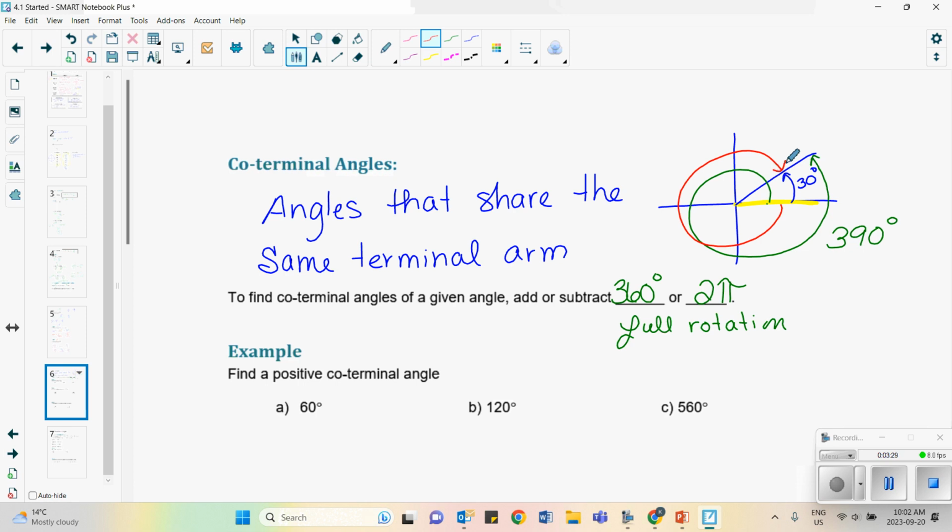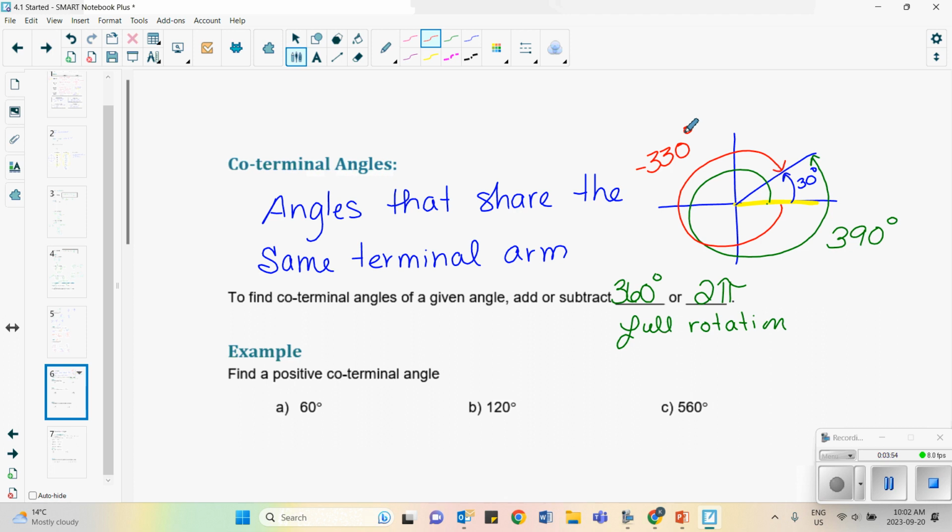Negative 330. Because we haven't gone all the way around yet. We have 30 degrees left to go. So we took the full rotation and subtracted 30 from it. But because we're traveling in a clockwise direction, we have a negative sign in front of it.